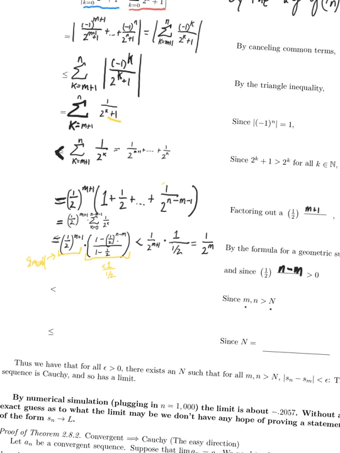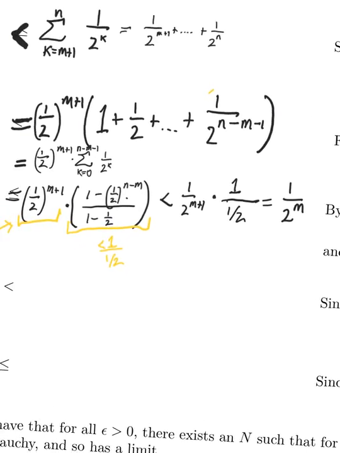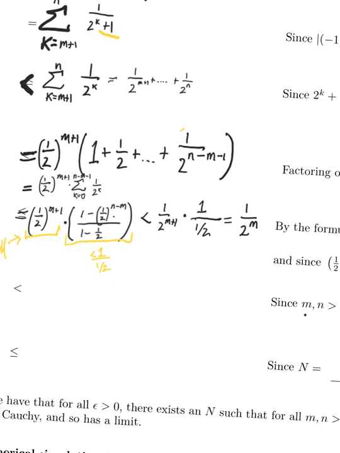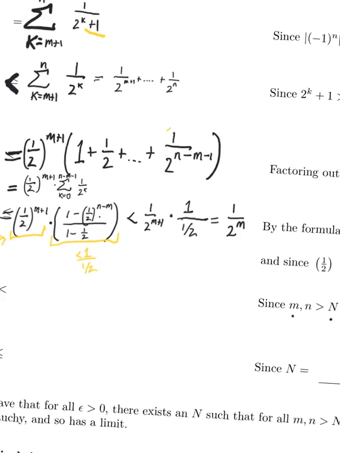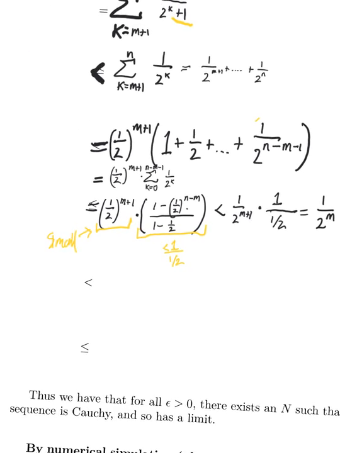But this little m, by assumption, is bigger than big N. So that means 2 to the little m is bigger than 2 to the big N, but it's in the denominator. So if I replace that 2 to the m with a 2 to the big N, the denominator will get smaller, so the whole thing will get bigger. So there's a 1 over 2 to the big N.